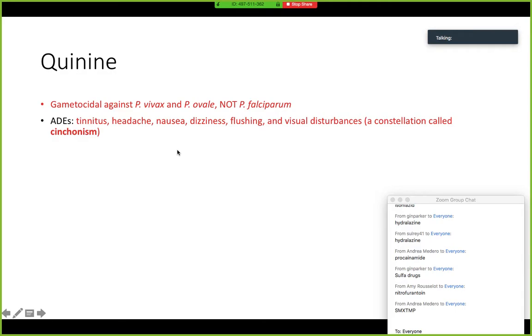Quinine, the big thing to know here is that it can result in a constellation of symptoms known as cinchonism: ringing in the ears, headache, nausea, flushing, dizziness, and visual disturbances.